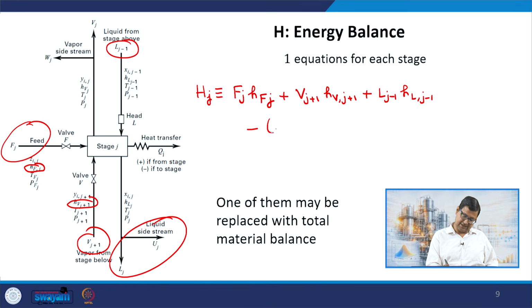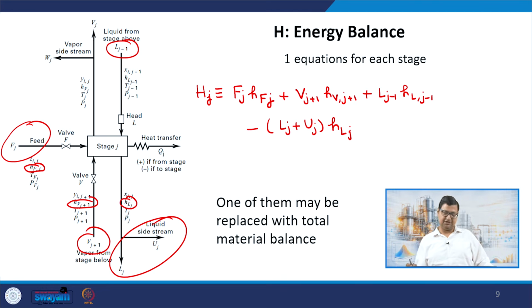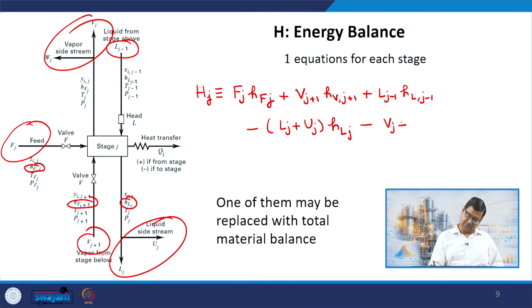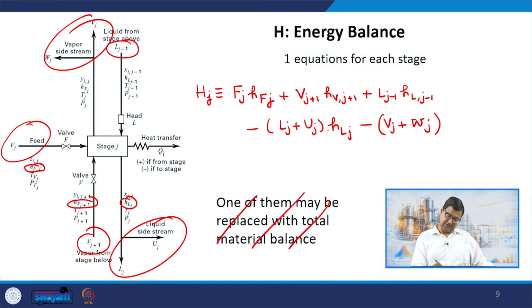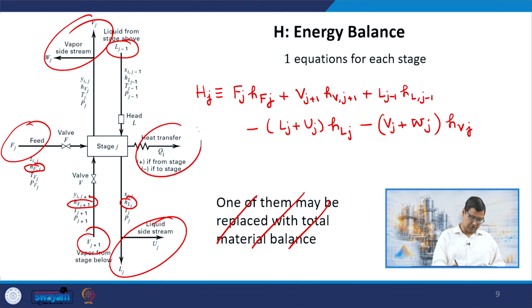So, it is minus Lj plus Uj into the corresponding enthalpy. All the enthalpies are per unit mole, minus similarly for the vapor leaving, that is Vj plus Wj. By the way, this is not applying here, that was for the summation of mole fraction equation. This is going to be Hbj, right. And in addition to that, there is also a heat that is being removed from the stage. So, we also have minus Qj is equal to 0.